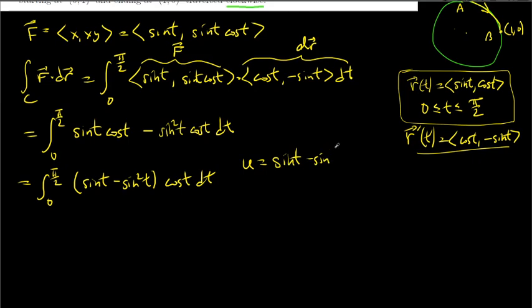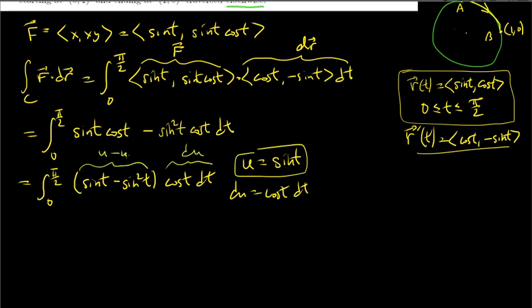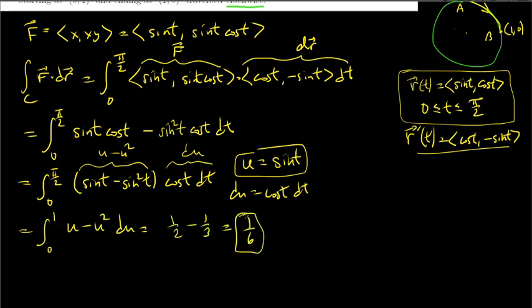Yeah, u is just sine, and then du is cosine dt. So this is my du, and this will be u minus u squared, going from 0 to 1. Sine of 0 is 0, sine of pi over 2 is 1. So we're just going to get 1/2 minus 1/3, which is 1 over 6.